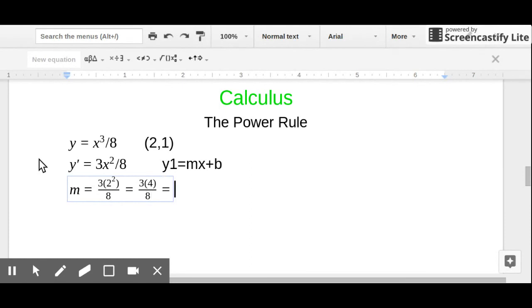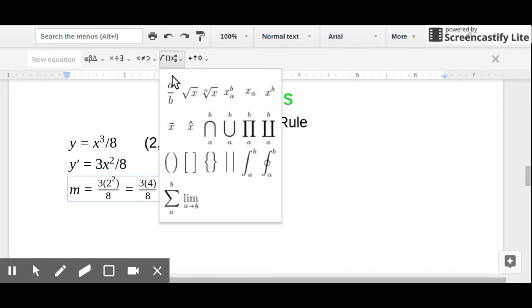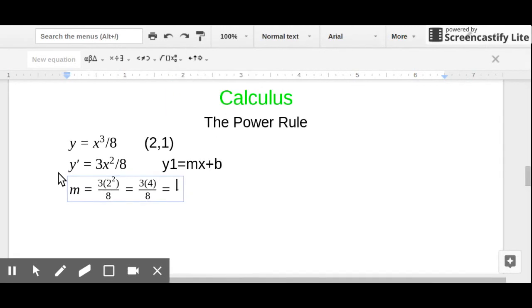Don't skip any steps. Start skipping steps, that's where mistakes are made. We can reduce this. 4 goes into 8 2 times, so this ends up with 3 over 2, or you could look at it as 1.5. The slope is 1.5. So there's our slope.